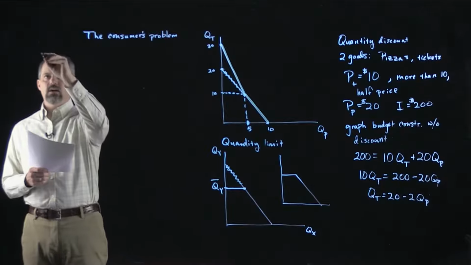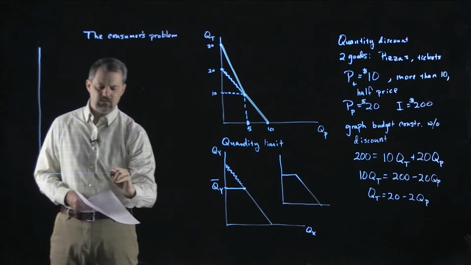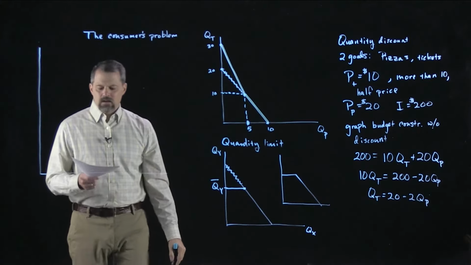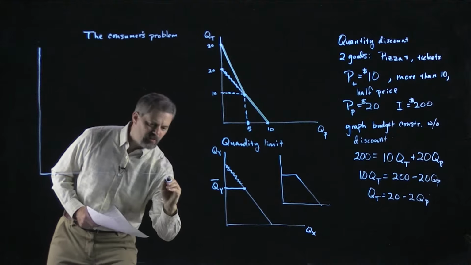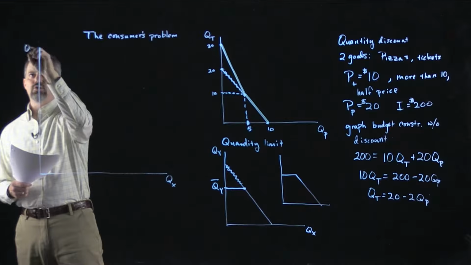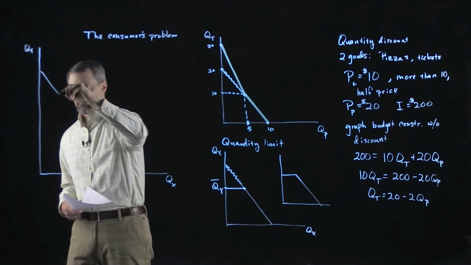So let's draw kind of a big picture here and think about how this is going to work. Let's draw a budget constraint. Let's go ahead and put Qx down here and Qy up here.